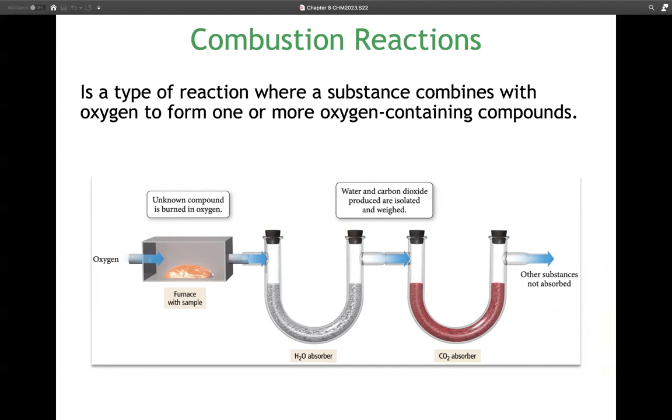Again, combustion reaction is a type of reaction where oxygen is combining to form one or more oxygen-containing compounds, like the combustion of fuel yields carbon dioxide and water. If you have an unknown compound and oxygen is added, it will burn, and then water will be absorbed, carbon dioxide could be absorbed, and the other substance can be separated.